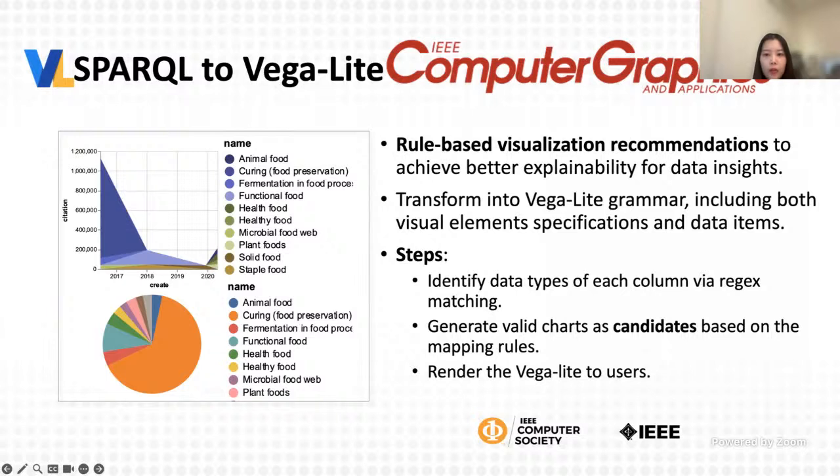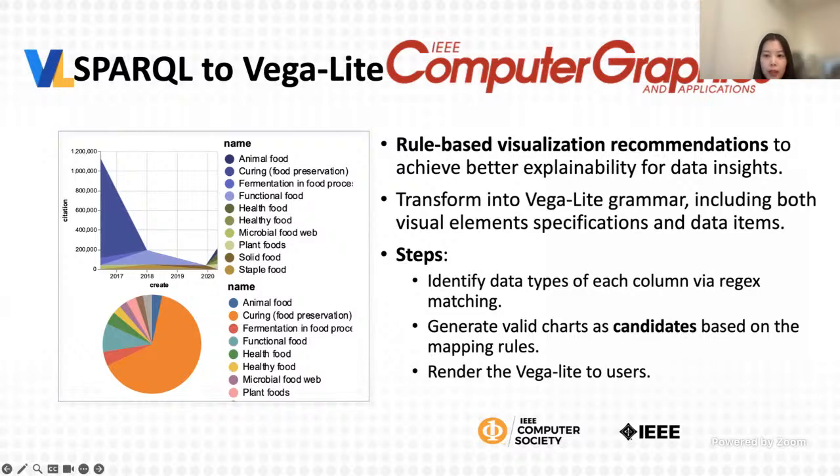Since going through query results row by row is time-consuming and less effective, we use visualization charts to enhance data understanding. To improve explainability, we leverage rule-based visualization recommendation. By taking the tabular data as input, we transform it into Vega-like grammar, which includes both visual elements and data specification.